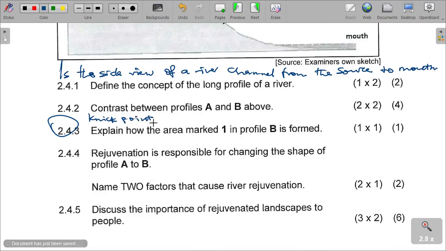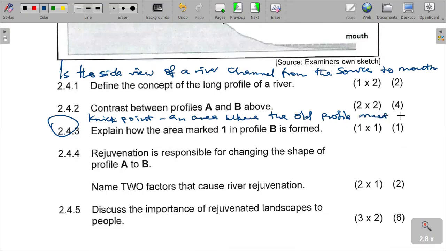It is an area where the old profile of the river meets the new profile. That is what is happening.